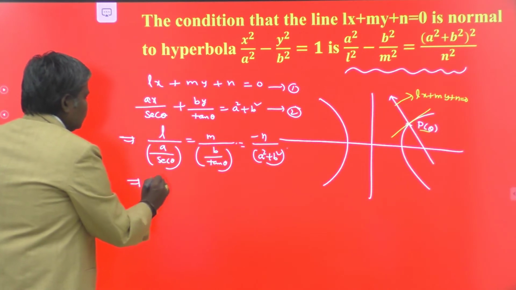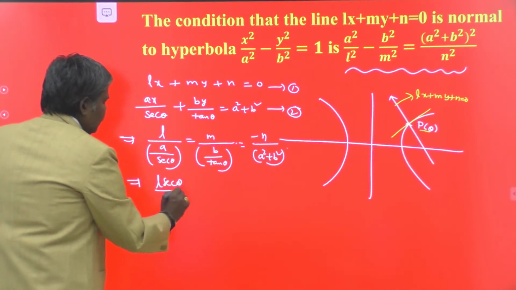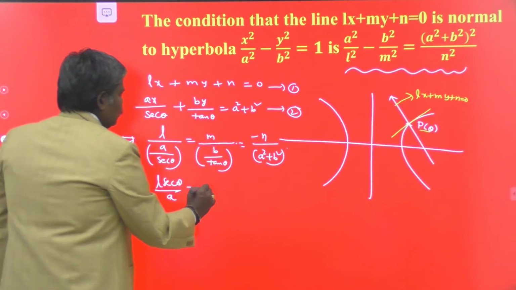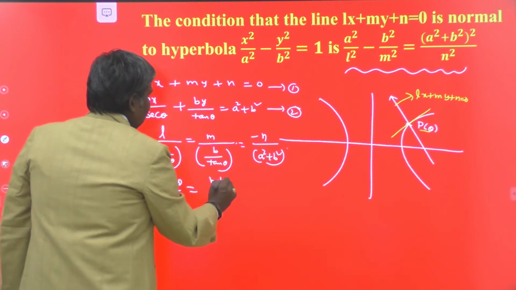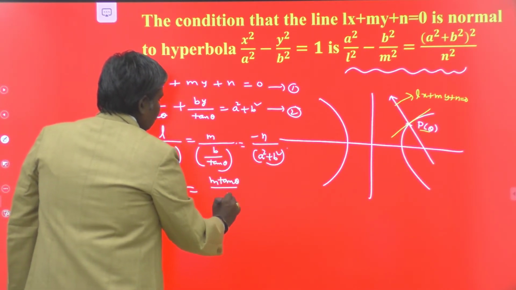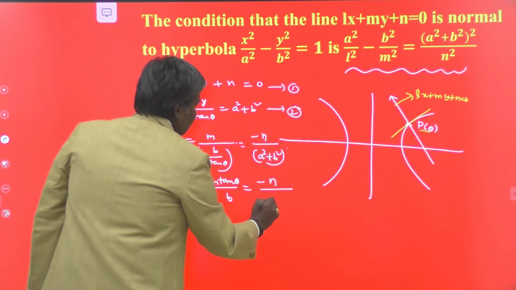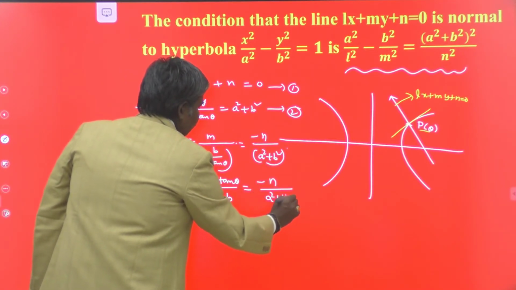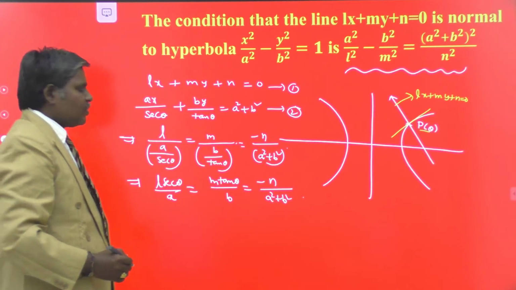This can be written as L secθ/a = m tanθ/b = −n/(a² + b²).